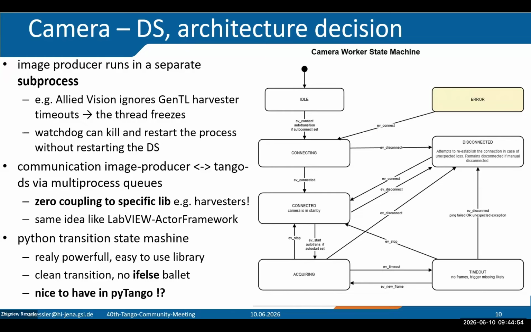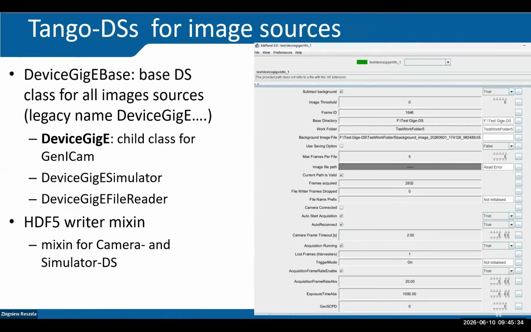You can define really fine-grained, well-structured states and code. It uses a lot of Python magic which I don't understand, but it works really well. I really like it and would like to have something like this in Tango. For example, if your device makes a transition from on to standby or whatever, you can just define a callback on it. In any case, I think the idea is worth looking at.